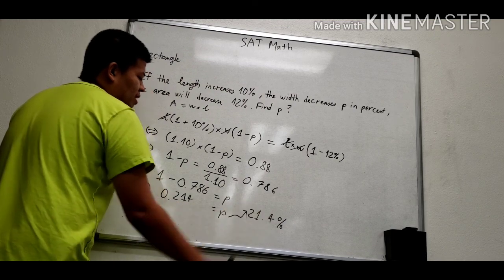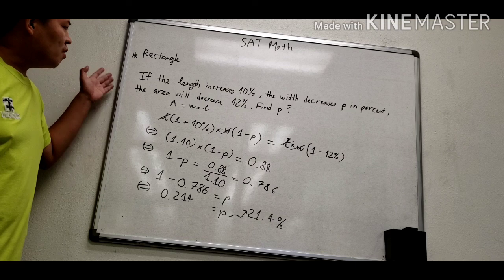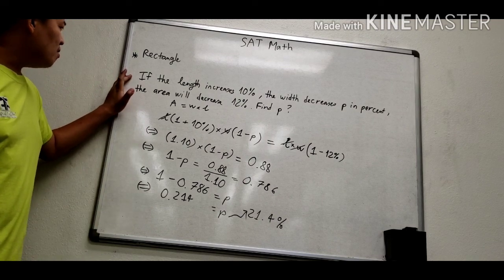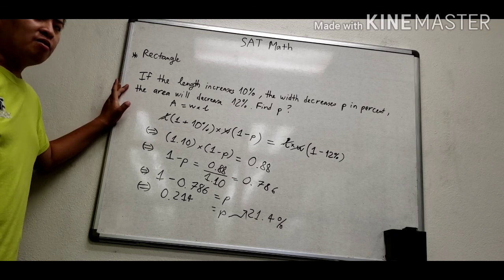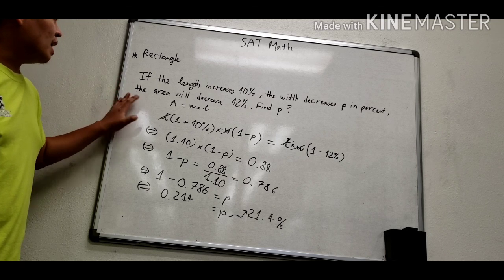So that's it for p, which we needed to find as the result. This is a real exercise calculation, so that's why you need to understand and be able to handle the change in percentage on the length, width and area.